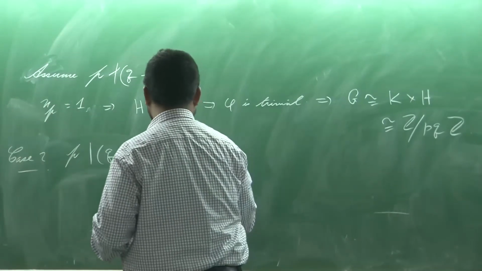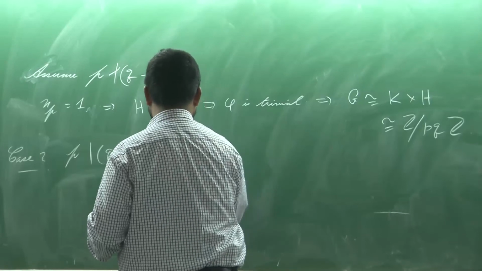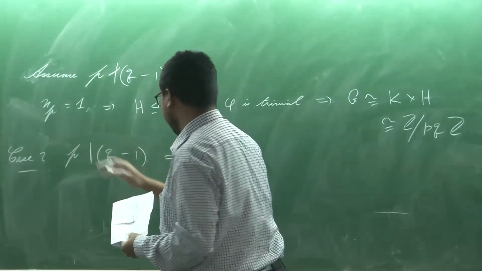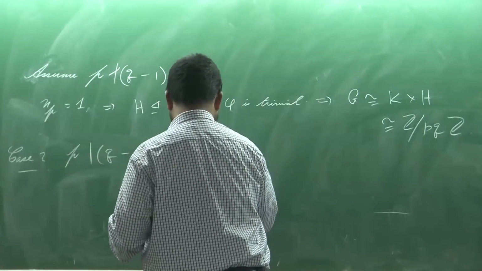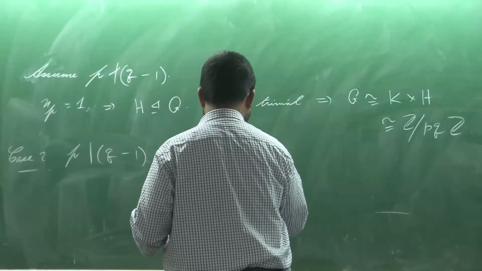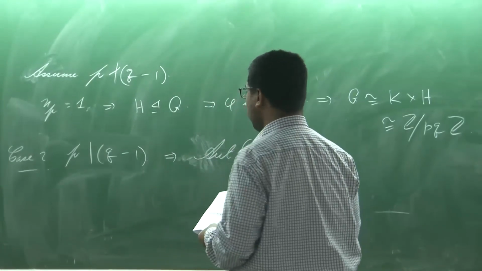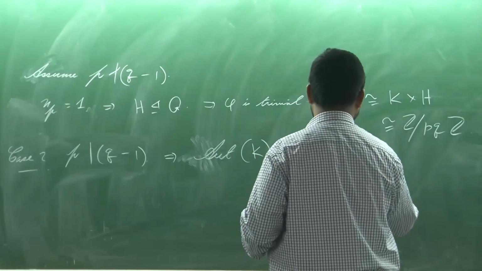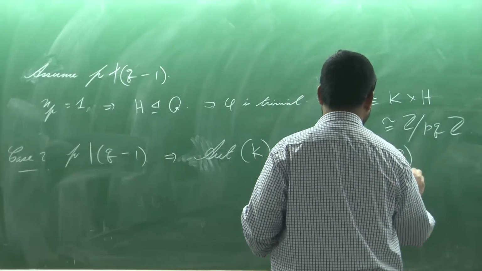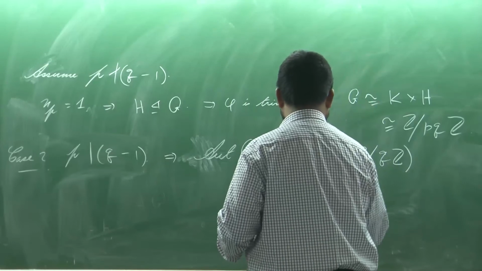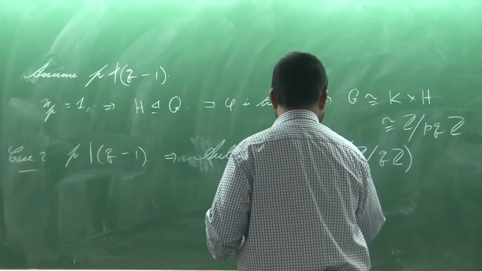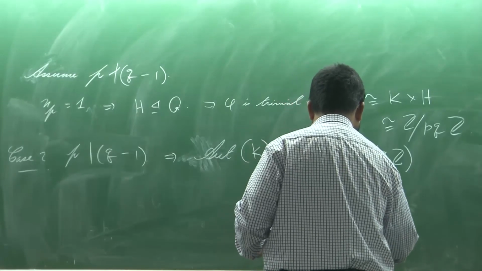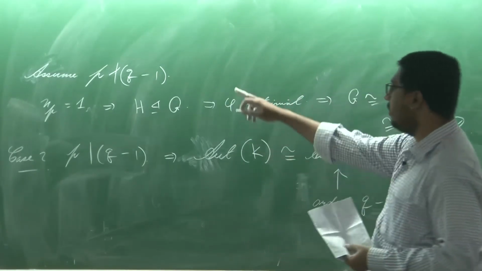In that case, Aut K, since K is isomorphic to Z modulo qZ, is isomorphic to Aut of Z modulo qZ, and this has order q minus 1, which is divisible by p.